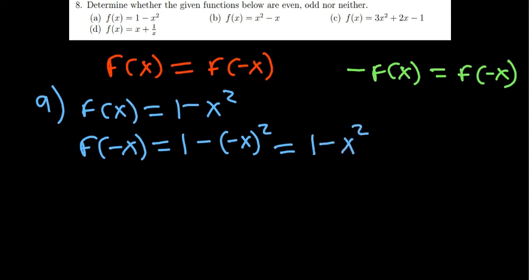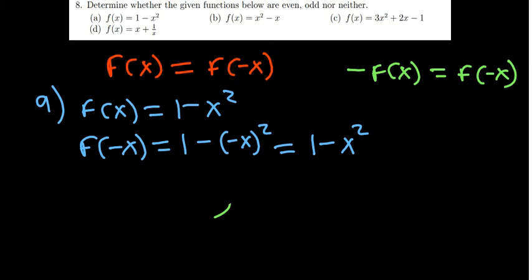So they are equal, so we can say f of x is equal to the function of the negative value of x. By the way, you are even able to expect that by looking at the powers that you have. The fact that we've got an even power, we expect that the function is going to be even. So that's an even function. You don't even have to test the other one. If you try it as an odd function, it won't work.